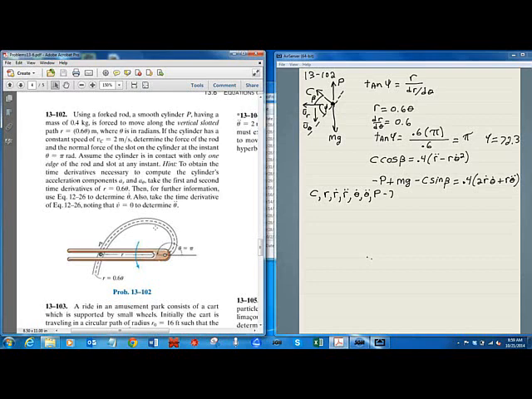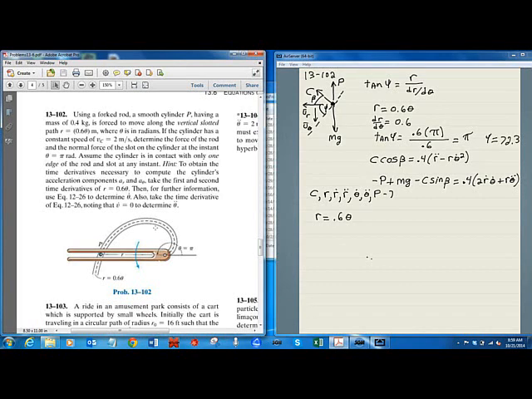Okay, so first thing I do is I say, well, they give me the fact that it's moving on a path, so I'm going to write those equations down. So first thing I know is that r is equal to 0.6 times theta. Okay.